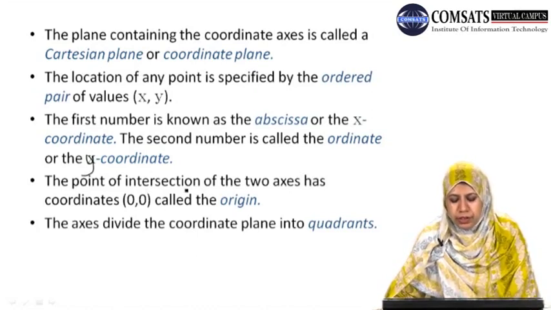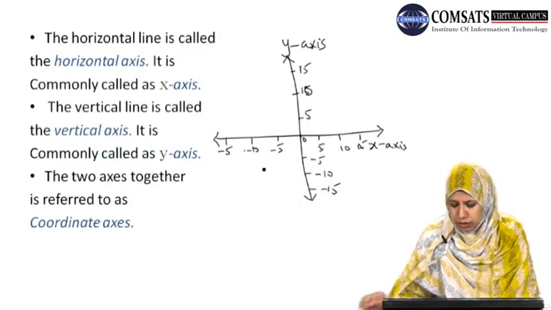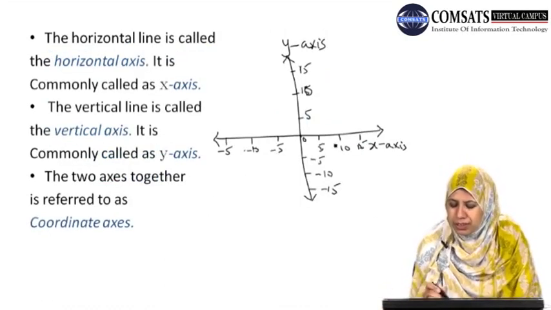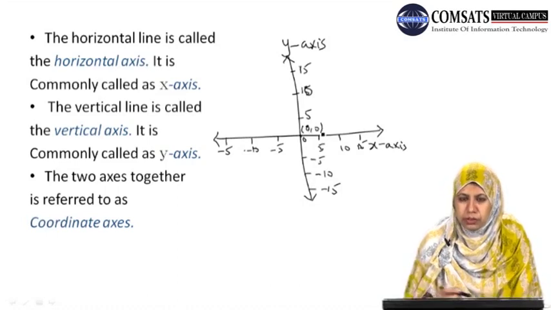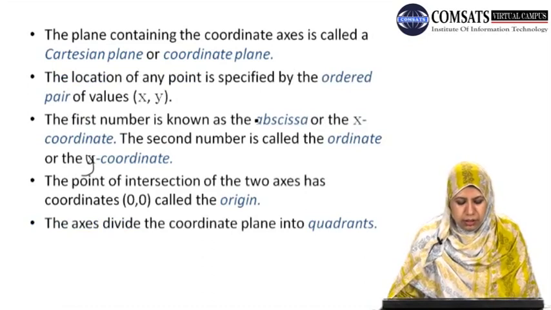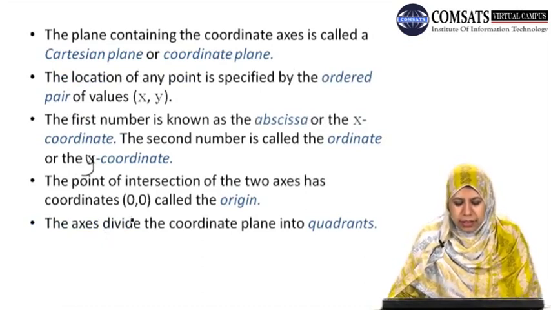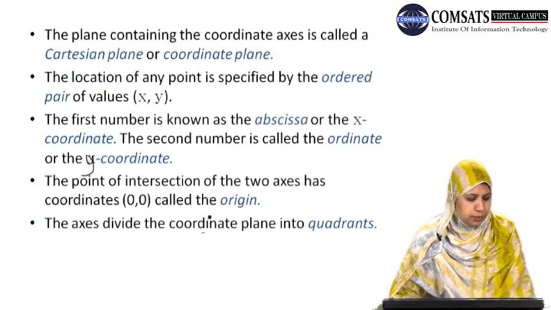The point of intersection of the two axes has coordinates 0, 0, called the origin. That is the point where these two lines intersect at their respective zeros, has the coordinates 0, 0, called the origin. And the axes divide the coordinate plane into 4 quadrants.